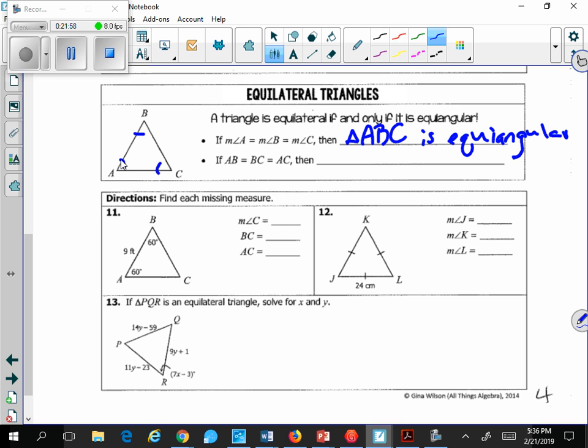And the last thing there, if AB is congruent to BC is congruent to AC, so if this is equal to this is equal to this, then I'm just talking about classifying it by its sides. Then ABC is equilateral. Nothing too exciting there.